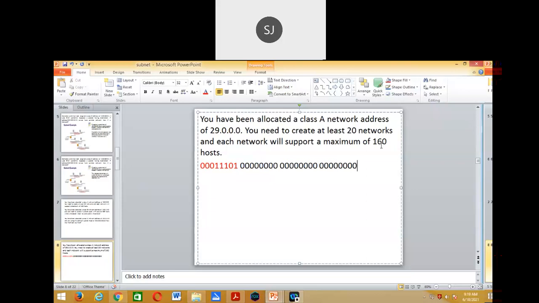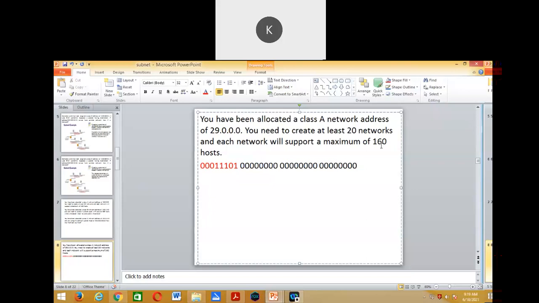With 6 bits, how many hosts can be addressed? 64. Okay. So with 7 bits, how many hosts can be addressed? 128. Okay. So with 8 bits, how many hosts can be addressed?